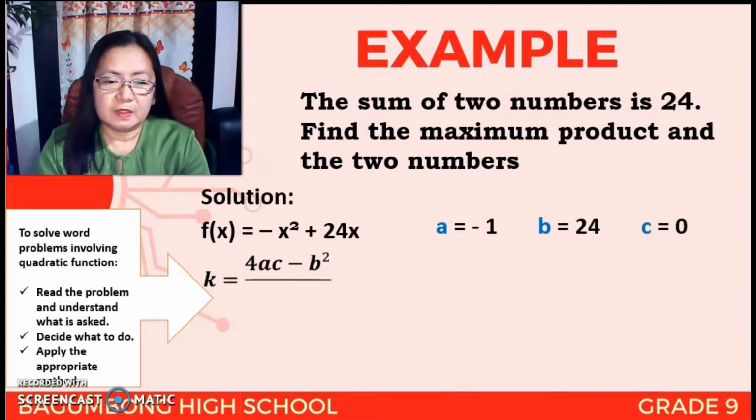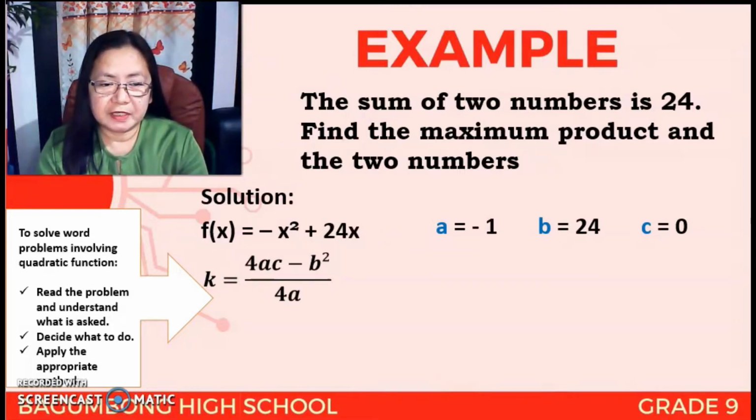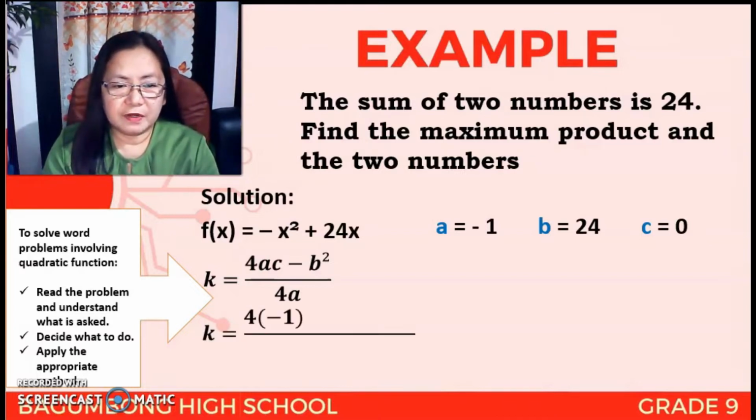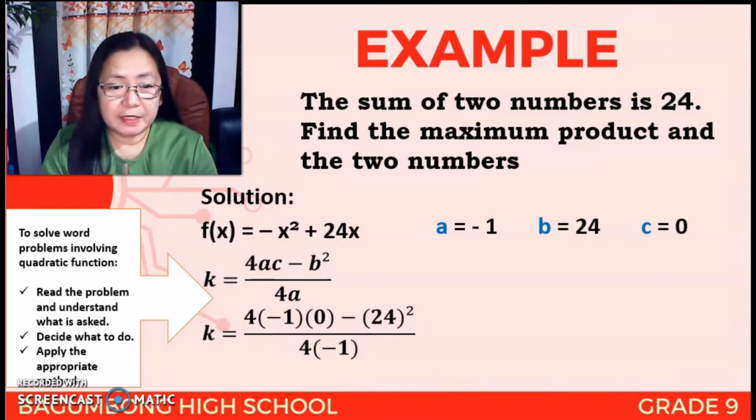Next, we need to use the formula for k, which is k equal to 4ac minus b squared all over 4a, where the value of a is negative 1, the value of c is 0, and the value of b is 24, over 4 times the value of a, negative 1.